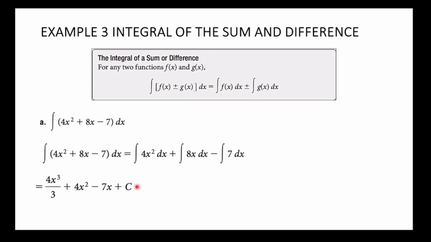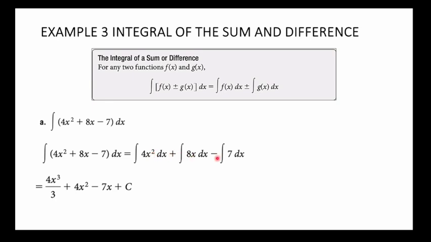Now, something I want to mention about this c. When we find the integral separately like this, each one of these integrals is going to produce a constant. There's going to be a constant for each of these. So let's call it C1, C2, and C3. So when I find the integral of this, I'm going to get 4x to the third over 3 plus C1.